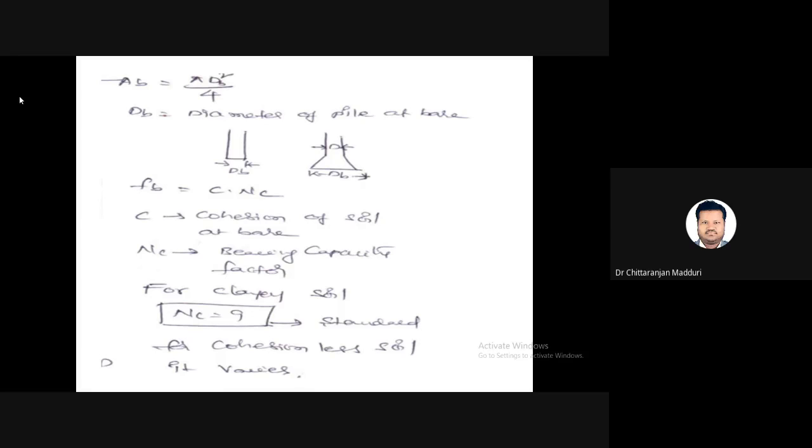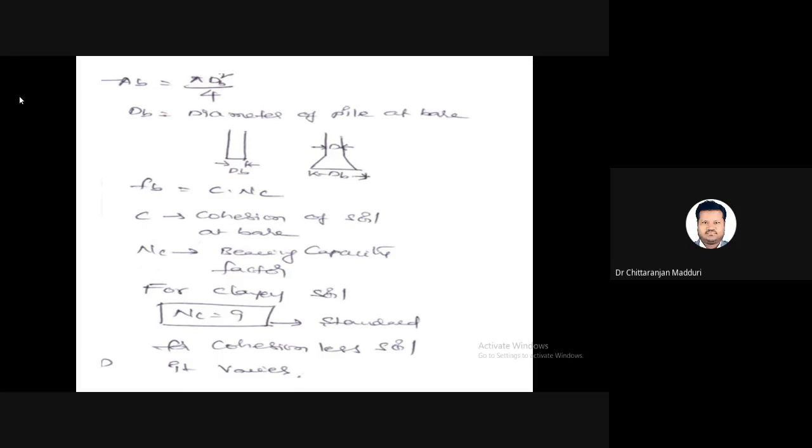NC is known as the bearing capacity factor. The bearing capacity factor is standard for clay soil: NC is equal to 9. Please remember, by default, you should keep it in your mind. It will not be given in the problem. You don't have the right to ask for or write missing data. So NC is equal to 9.